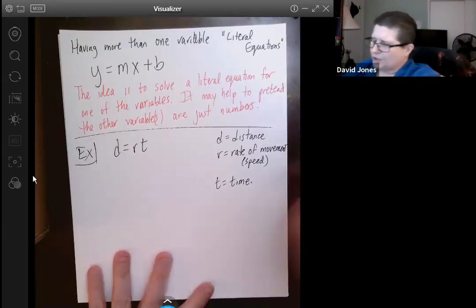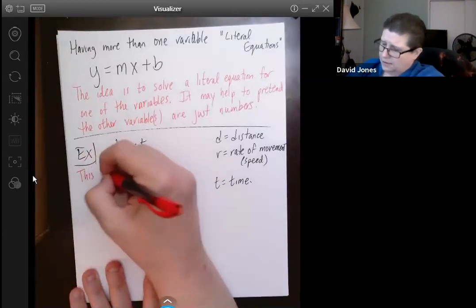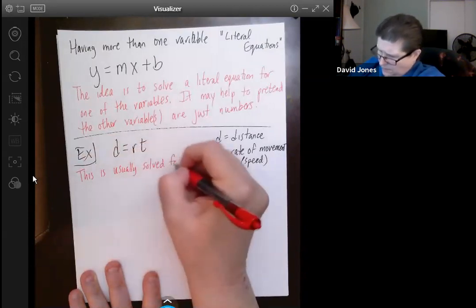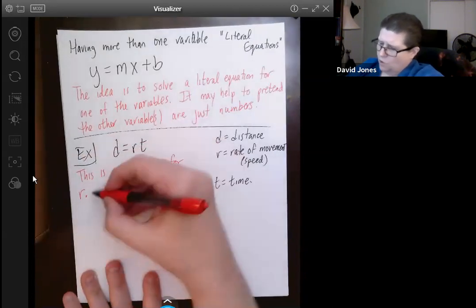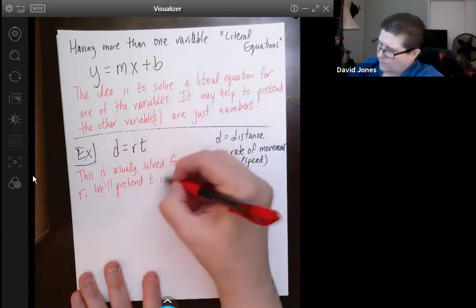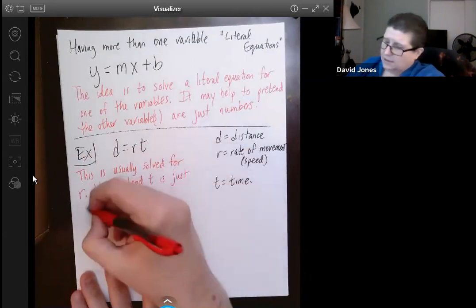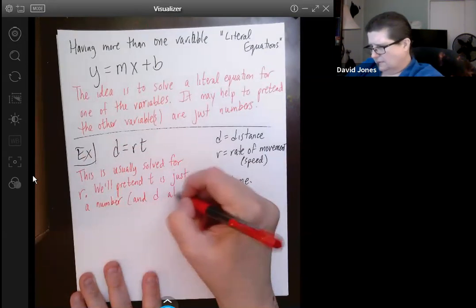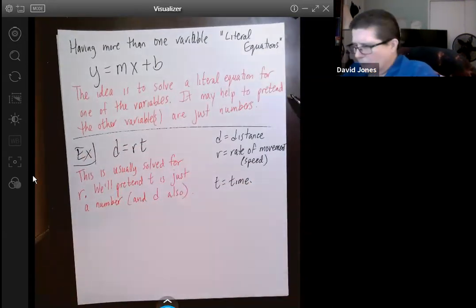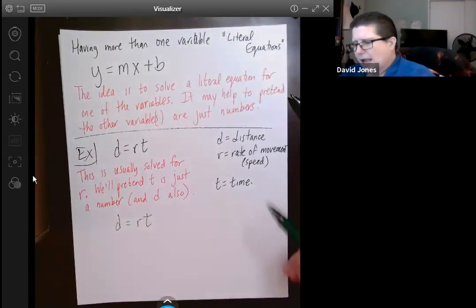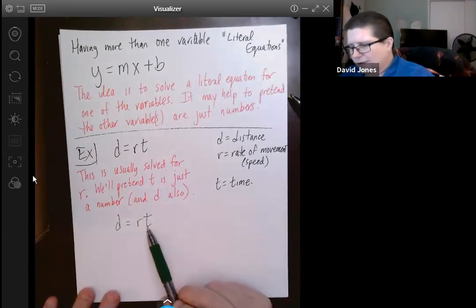This is usually solved for R. We'll pretend T is just a number. And D also. So I've got D equals R times T. I'm going to pretend T is a number. Like, let's say T is 2. I've got R times 2, or 2R.